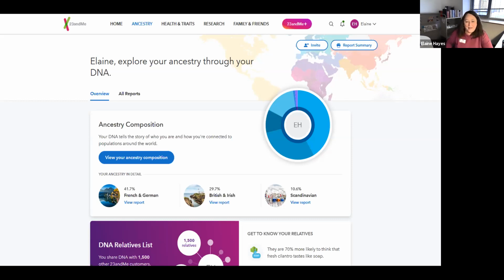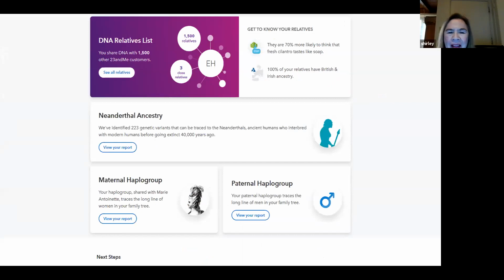And I can look at my DNA composition in detail, the DNA relatives list, and they provide interesting little things like get to know your relatives. They are 70% more likely to think that fresh cilantro tastes like soap, which I don't think.